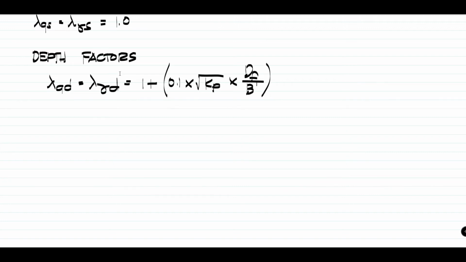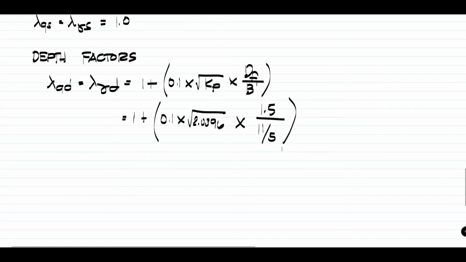So, the lambda QD and the lambda gamma D will be equivalent to 1 plus 0.1 times square root ng, yung Kp natin is 2.0396 times df will be 1.5 divided by the B prime 11 over 5.